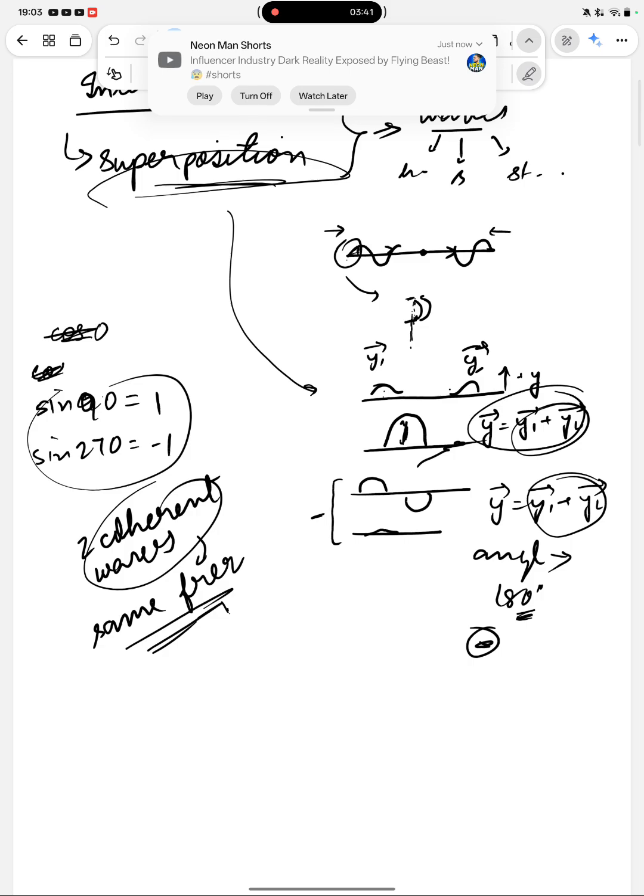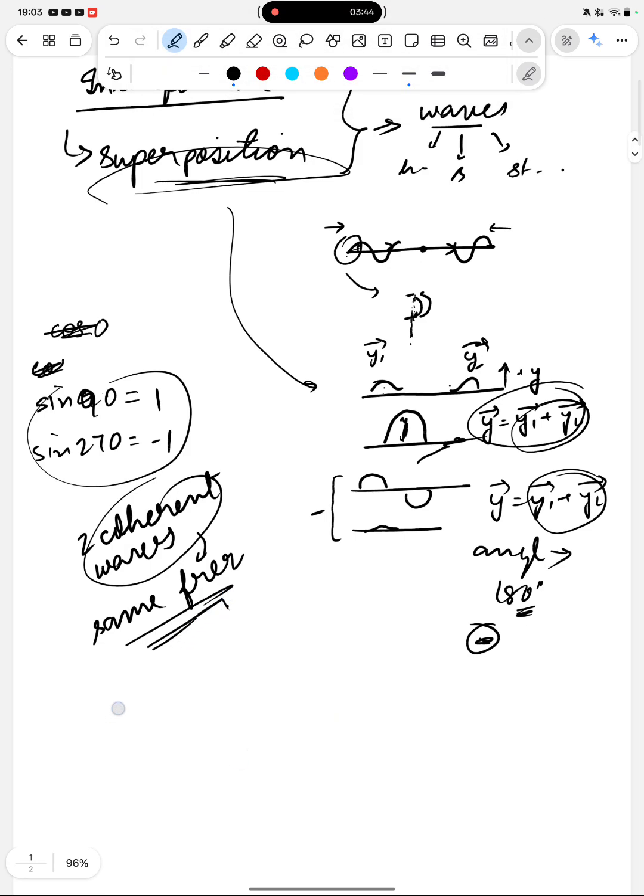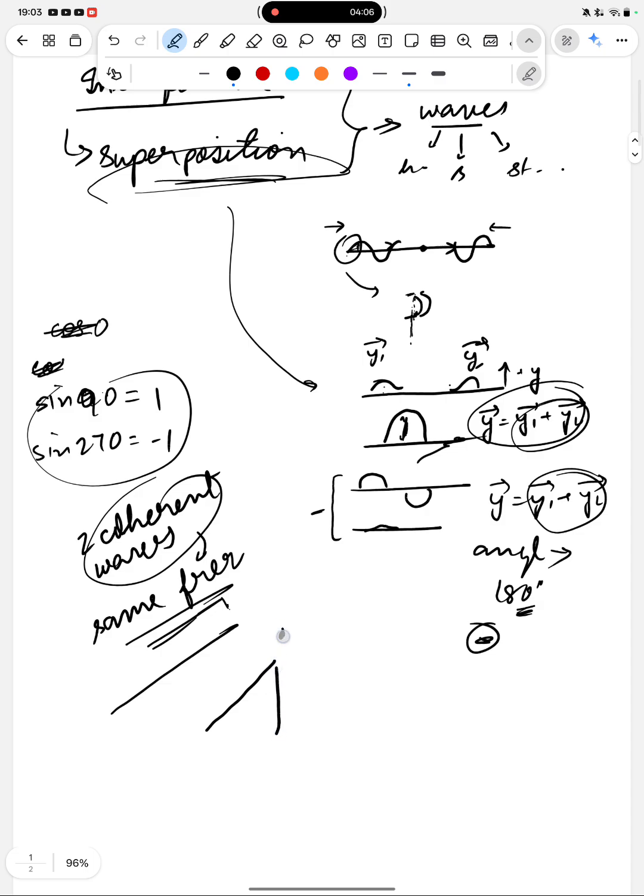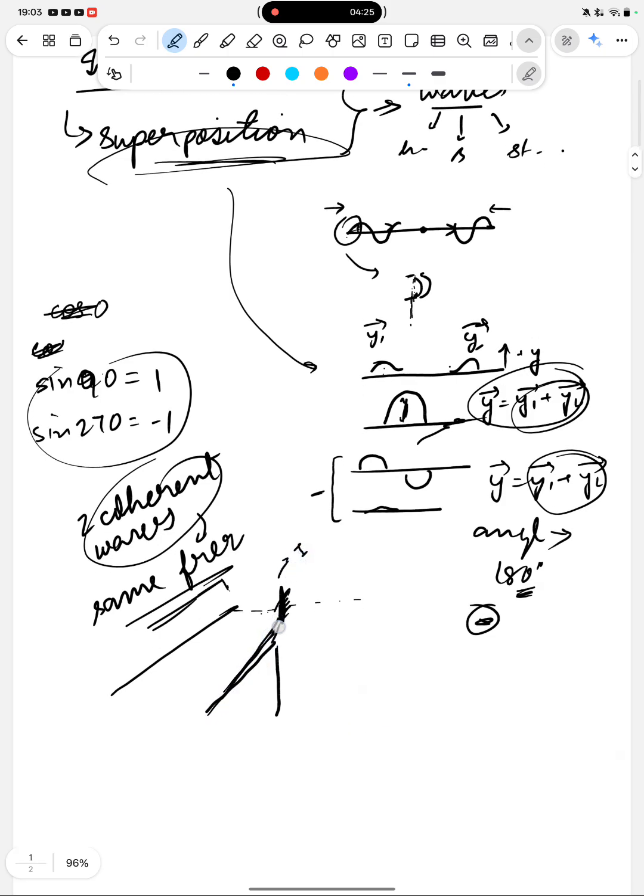Then the intensity, if they are in the same direction, so for example, two waves are going towards a single point, then what happens is that at a fixed point there is a fixed intensity in interference.